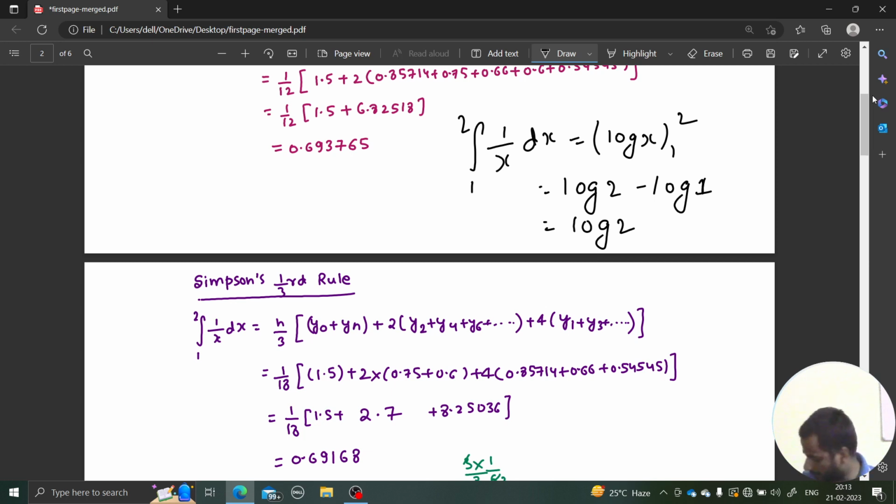This is log base e, so ln 2 is 0.69314. You can see how much we have deviated from it just by subtracting values and dividing. If you want to find the relative or percentage error, you can do that also.